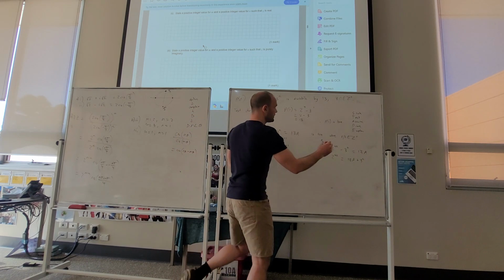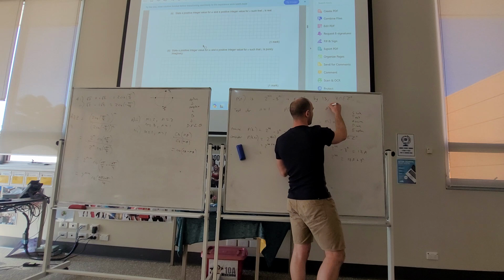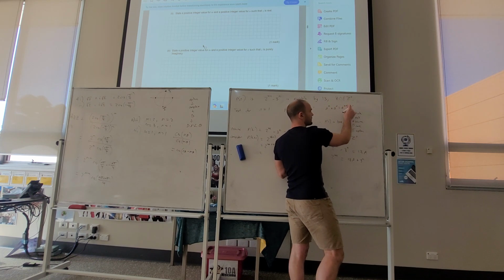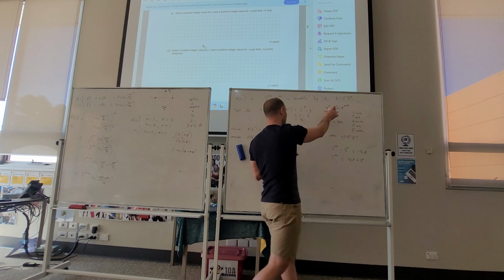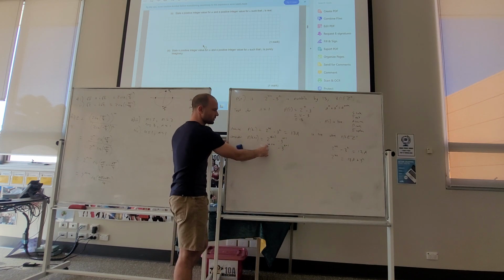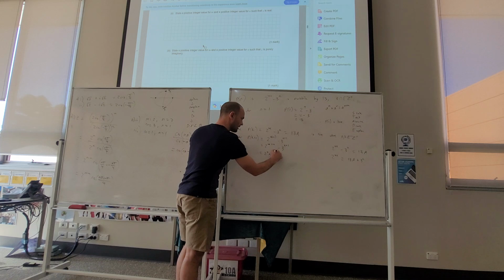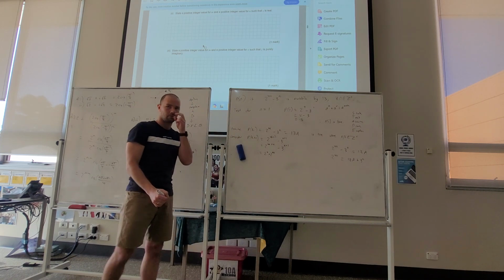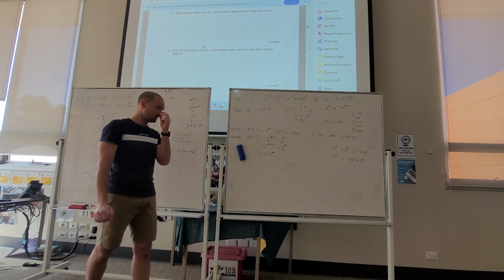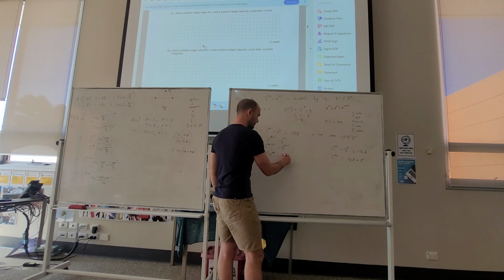The index law I'm using is a to the m times a to the n is a to the m plus n. So we can go back the other way. We've got 2 to the 4k plus 4, and we're going to write that as 2 to the 4 times 2 to the 4k. That's the reverse of the index law. And we'll do the same with the 3.